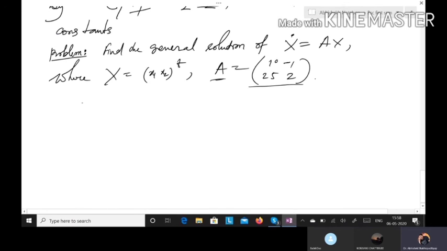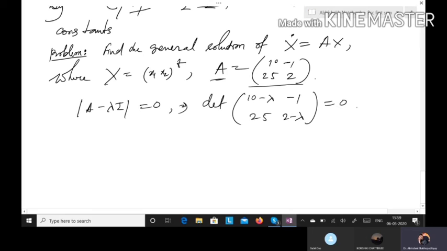Now by doing calculations, we will get that this is the determinant of [10 minus lambda, -1; 25, 2 minus lambda] equals 0.